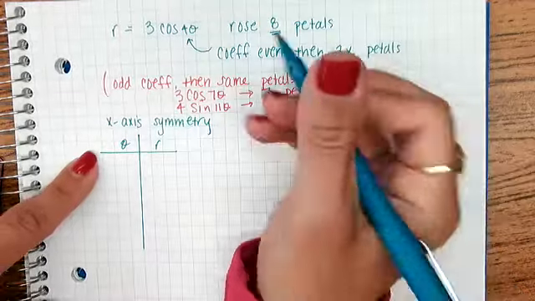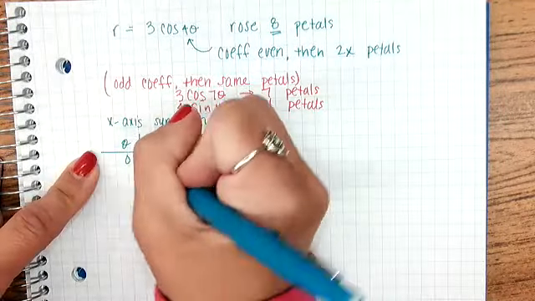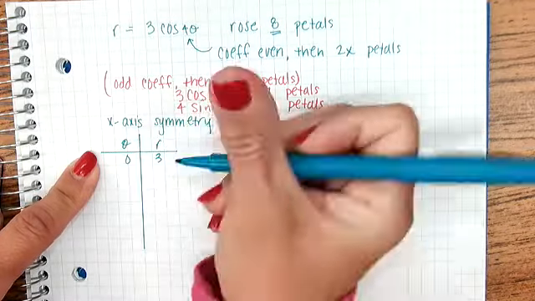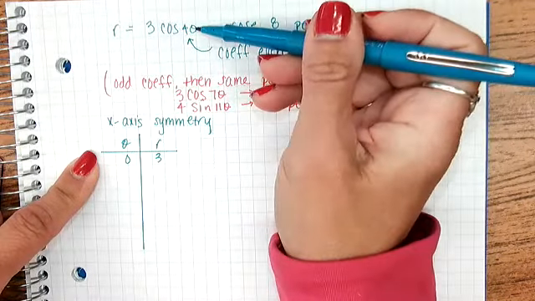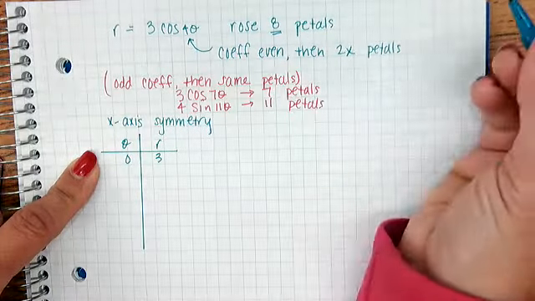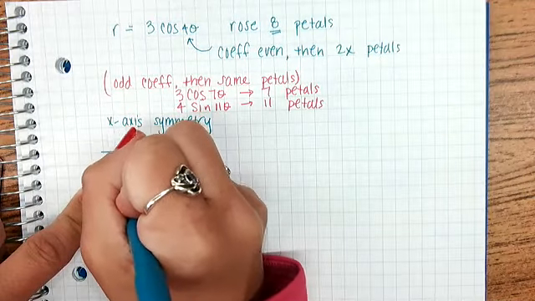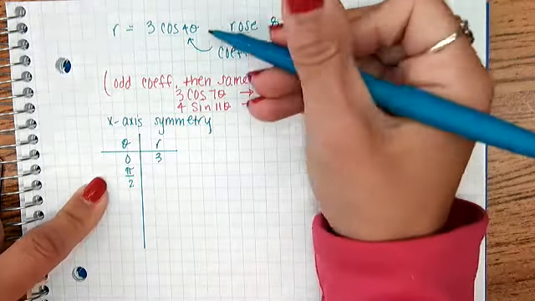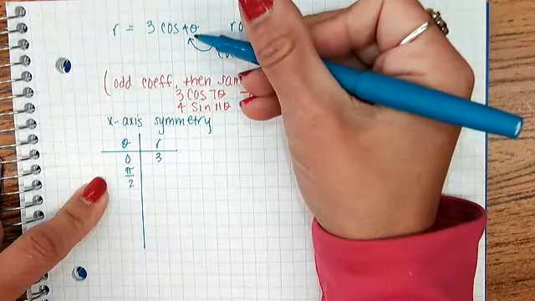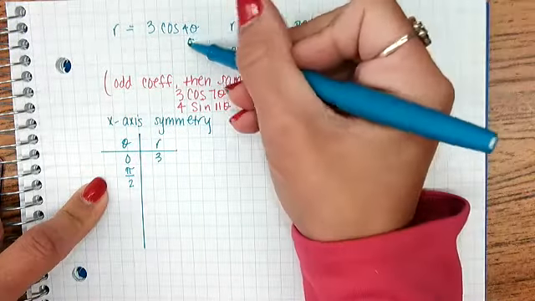Okay, so if theta is 0, we are going to get 3, I believe. 4 times 0 is 0. If this has x-axis symmetry, that doesn't help us much. When you plug in pi over 2, you get 2 pi.